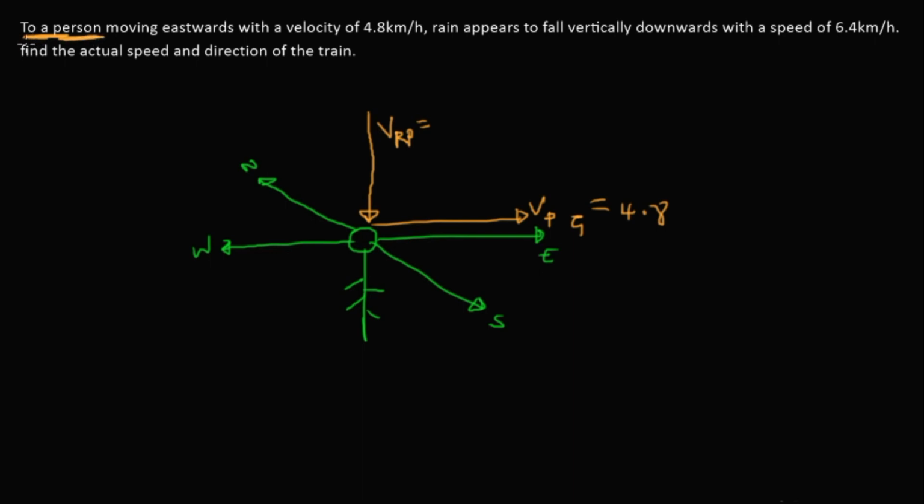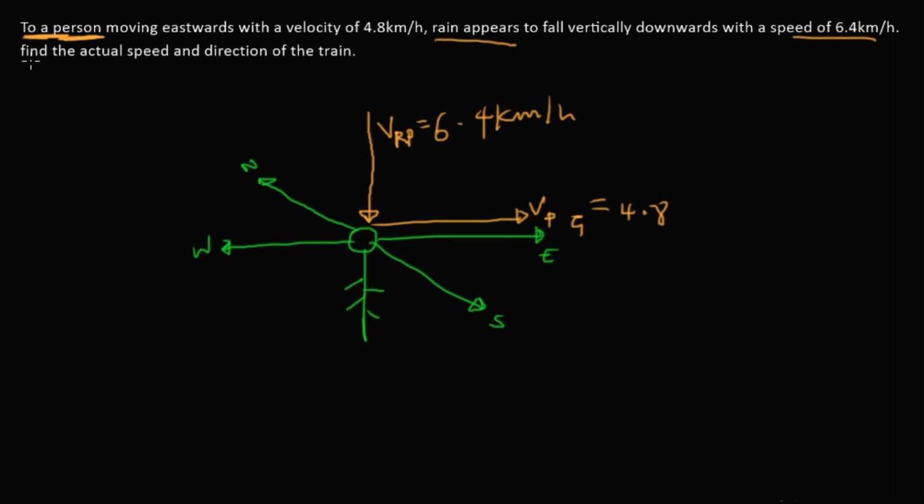That's why the question says to a person moving eastward with a velocity of this. The person is moving with this velocity, but that person sees rain falling vertically with this speed. That means this is the speed of the rain to that person. So we have 6.4 kilometer per hour as the relative velocity of the rain to that person.